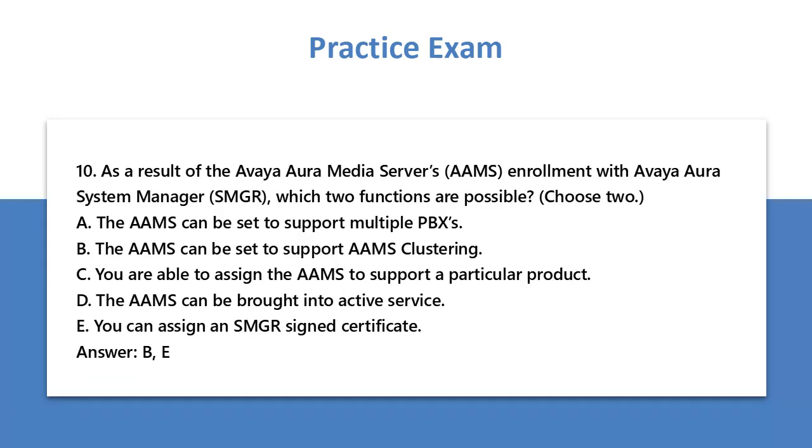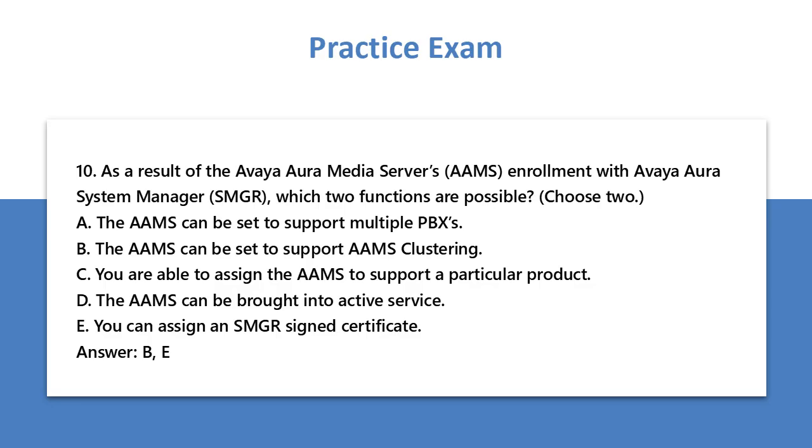10. As a result of the Avaya Aura Media Servers, AAMS, enrollment with Avaya Aura System Manager, SMGR, which two functions are possible? Choose 2. A. The AAMS can be set to support multiple PBXs.